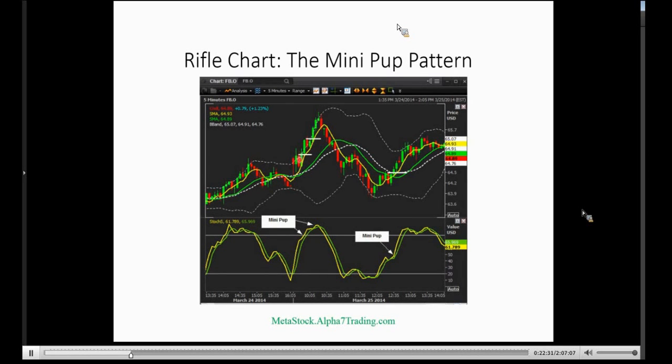And so the rule of a mini pup is that you get the stall on the lead stochastic, and it looks just like it's going to cross back down, but it doesn't. It stalls simply because the price is not moving higher, but it's actually in a reversion and pulling back. Now, we utilize the moving averages because that 5 period moving average acts as a support.